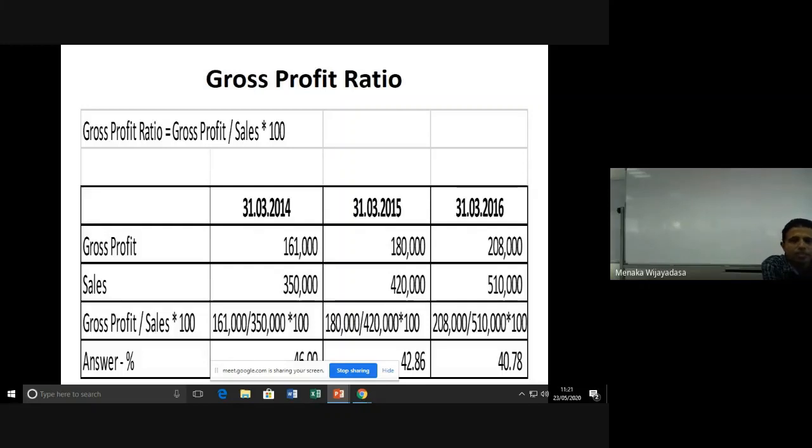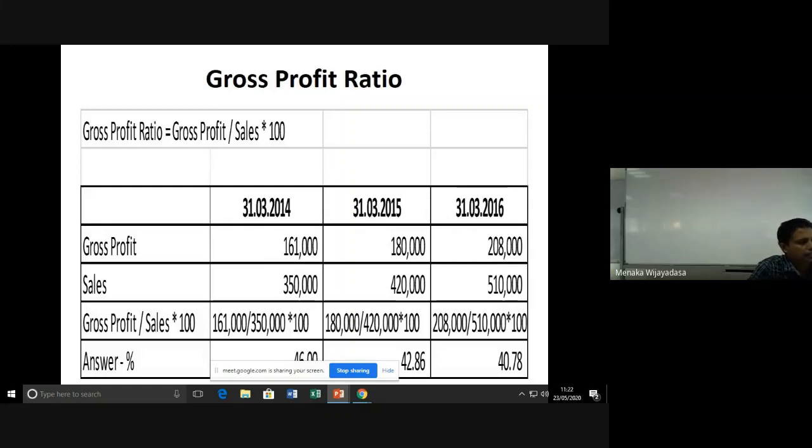Sales may be reported differently, as turnover or income, but whatever name is used, it means sales. That is given in the first line item: 350,000, 420,000, 510,000 respectively for each of the years.